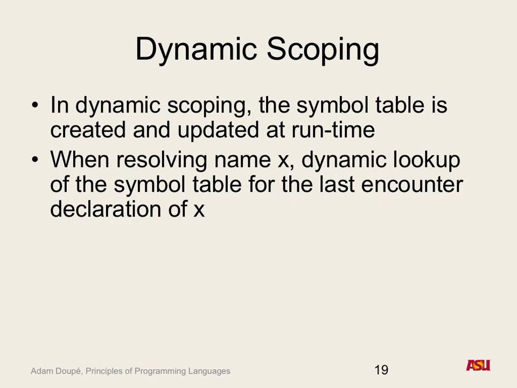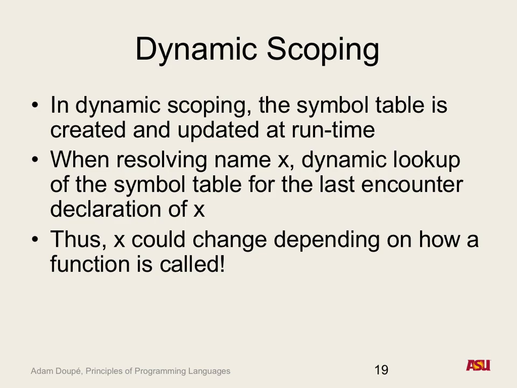We're looking at the program itself and the code in the program. With dynamic scoping, the lookup that we're going to perform depends on the actual execution of the program. So we'll see how that affects things. X could actually completely change. It could be sometimes an integer, sometimes a string, it could be a function, depending on which path we take through the program.